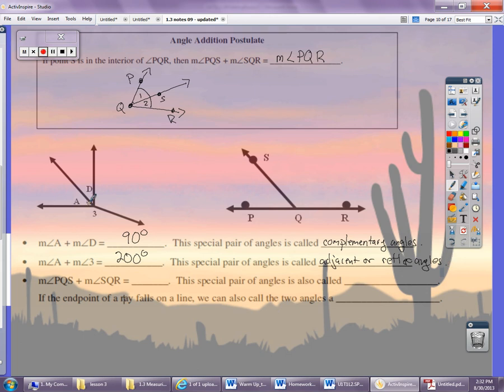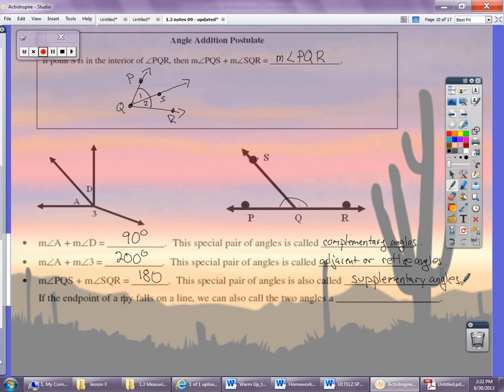But when we look at this one over here, when we look at PQS and then we look at angle SQR, what we notice is that these two form 180 degrees. Alright, and this special pair of angles, these are your supplementary angles.